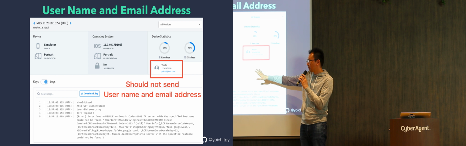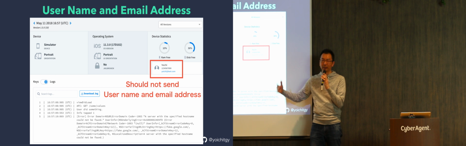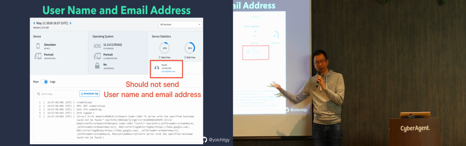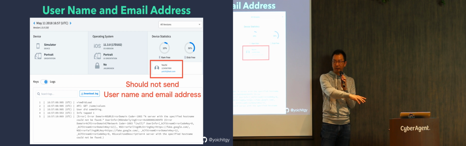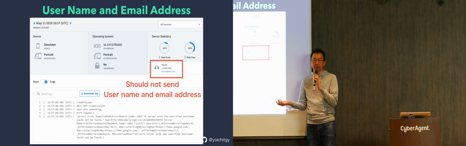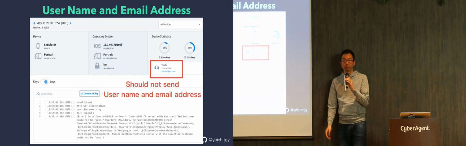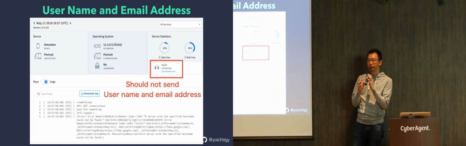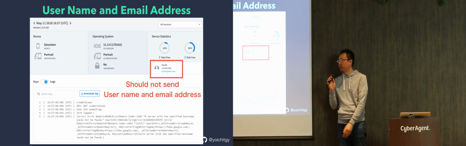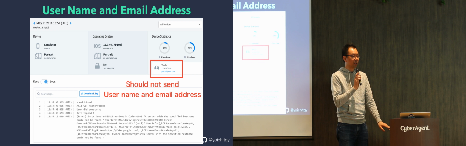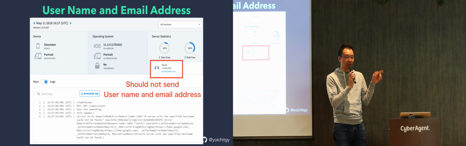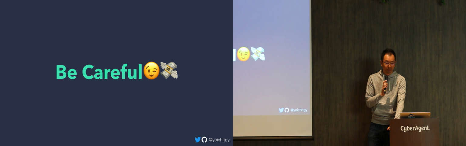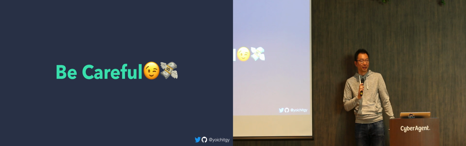And with the action logs you added, for example, "Yoichi checks this view" or "Yoichi does something with this view in the app", that kind of personal information is revealed to anyone in the company. So it doesn't have access control for personal data. This can be a problem if you already use the advanced option like username and email. So be careful, because big money is at stake for the company.